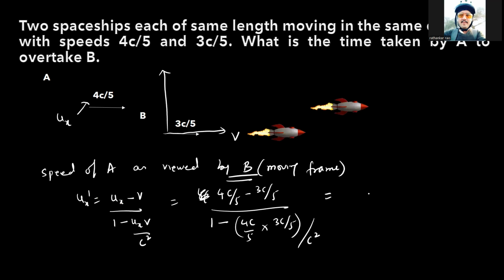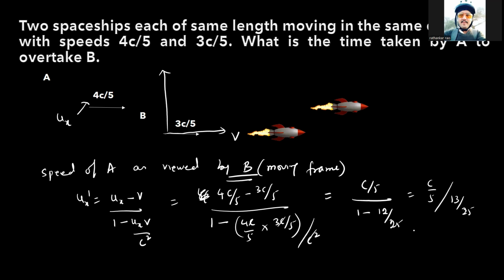So this should now be equal to c by 5 divided by, now this c and this c go away, so the c square goes away here. So you have 1 minus 4 into 3 is 12, 12 divided by 25, which should be equal to c by 5 divided by 13 by 25.